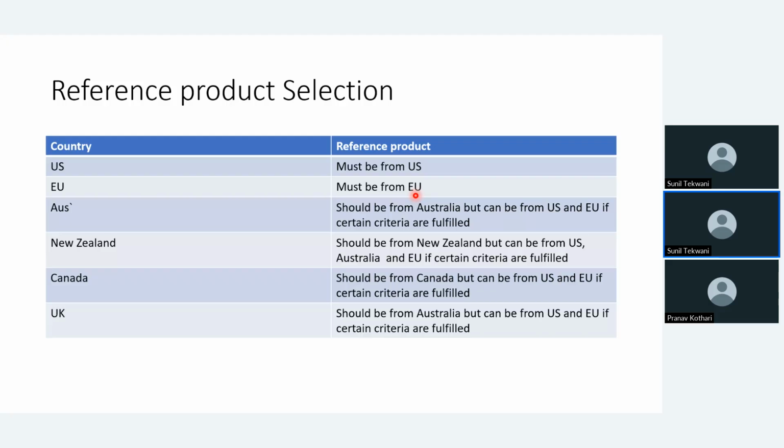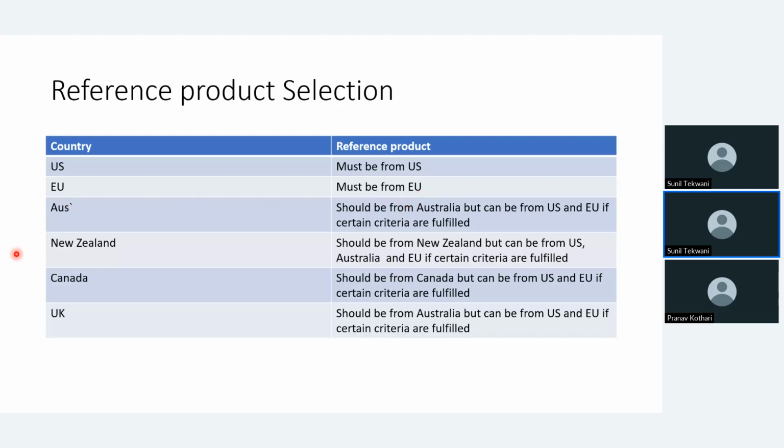So the reference product can be procured from any country, Germany, France, Croatia, Spain, Sweden, wherever, but it should be an EU country. So if you are targeting one product for the US and EU, that means you have to have 2 different BE studies. In one BE study, the US reference product, in another BE study, the EU reference product. So 2 BE studies have to be conducted separately. The same BE study won't suffice.